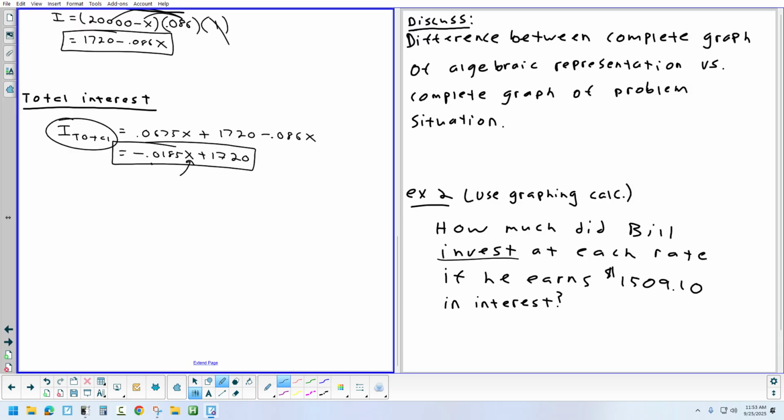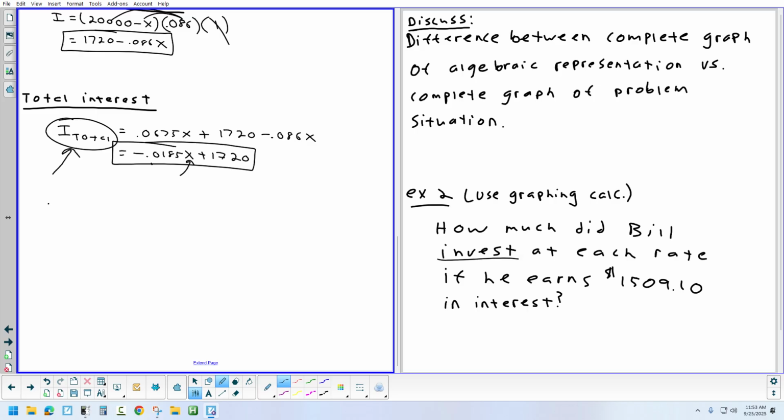So we've got our formula. We just have to figure out where the $1,509.10 gets plugged in. Where would that get plugged in? Yeah, the total interest. It's going to go right there.